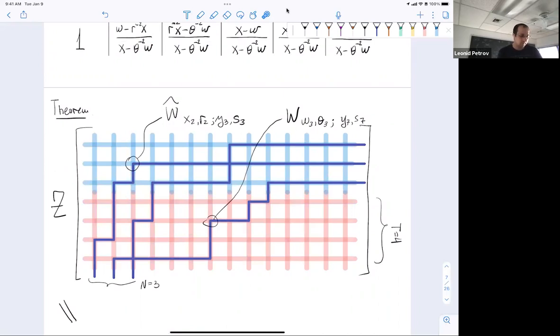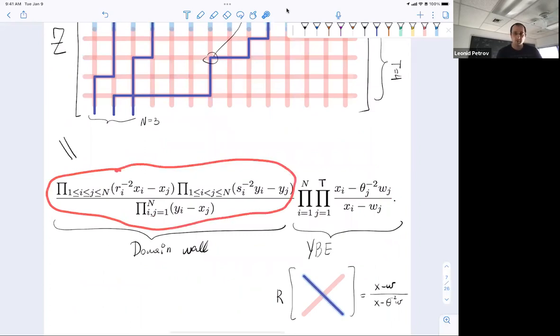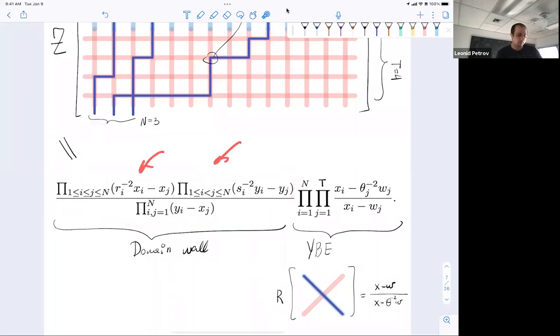So here's my probability model where we take W hat on the top and W at the bottom, and then the domain wall partition function gives you this term, which is a Cauchy-like determinant product, where at the top you have two Vandermonde-like expressions, except here it is i less than or equal to j, and here it is i less than j, but they're Vandermonde-like, except they're deformed in the Tokuyama style.